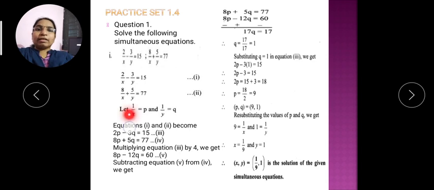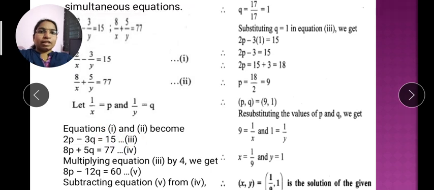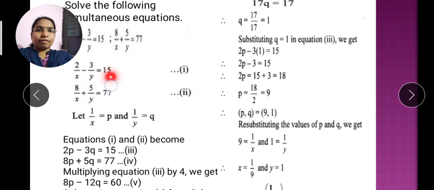Now let 1 upon x is p and 1 upon y is equal to q. Substitute in these equations. What will you get? You will get 2p minus 3q is equal to 15 and 8p plus 5q is equal to 77. This is equation third and equation fourth.